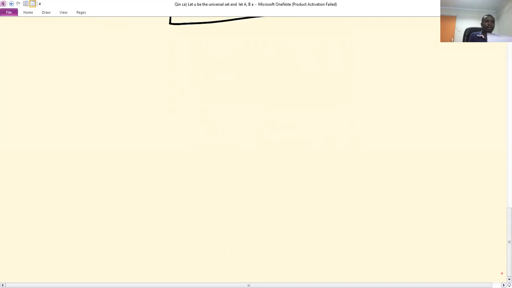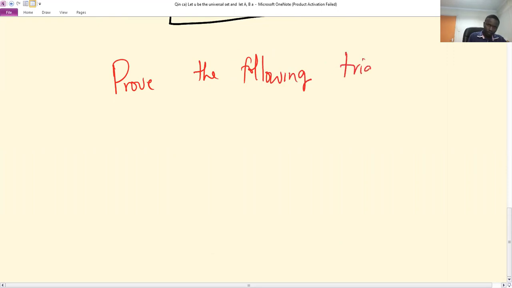Part B in the card, we had to prove the following trigonometric identities. This was part B of question 1.